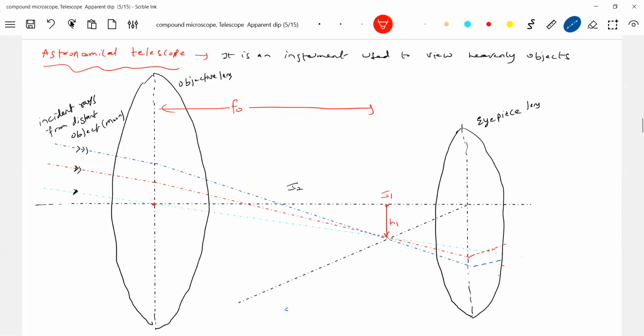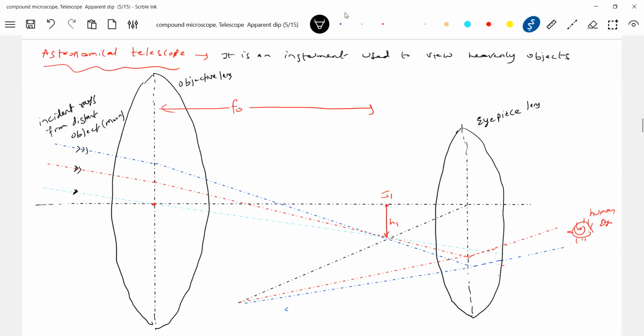Let me adjust it. This is the human eye. This is our final image, H2. This is I2. Okay, these are the rays. Three arrows, two arrows, this is one. Finally, this will be two arrows.